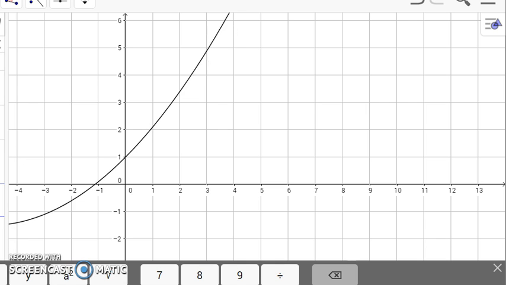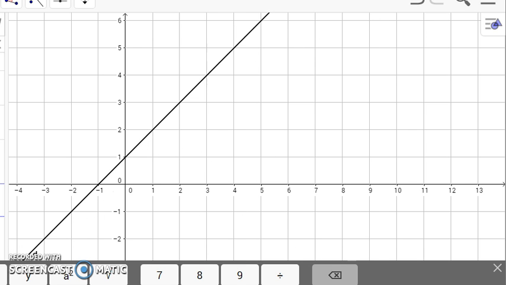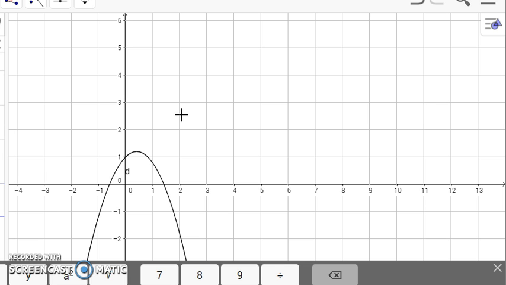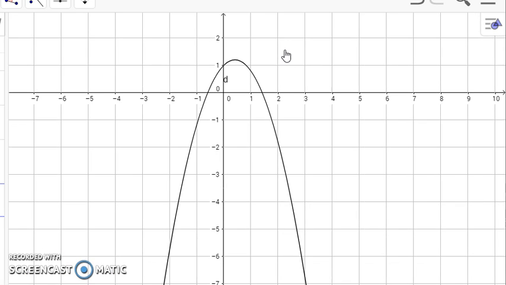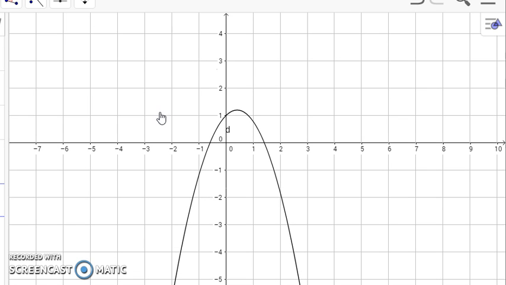Maybe I can also show when a is 0. When a is 0, it looks like that. It is a linear line, or a straight line. But if a is negative, then you can see that we have this graph.